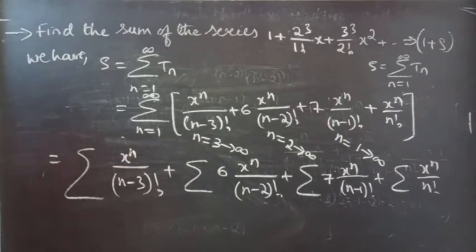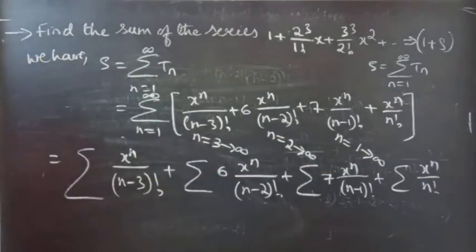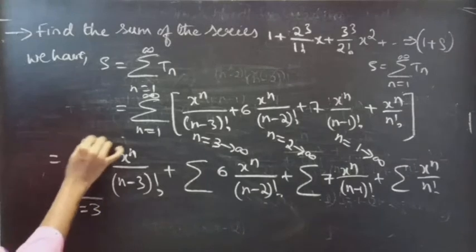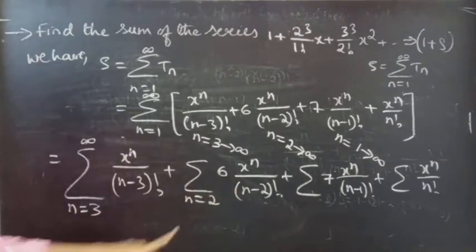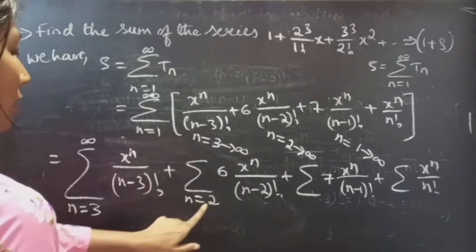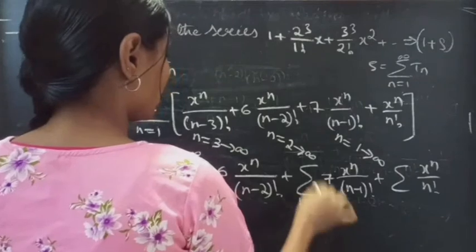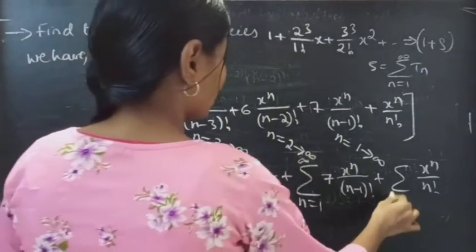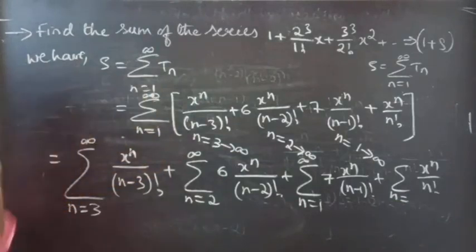Simply we are applying summation for all the 4 terms. So for the first term, n takes from 3 to infinity. For the second term, n takes 2 to infinity. For the third term, n takes 1 to infinity. And for the fourth term, n takes 1 to infinity.